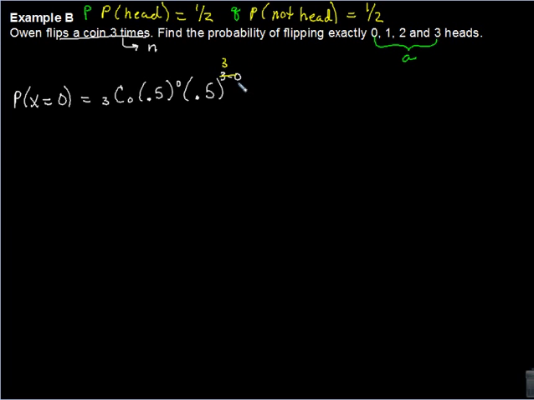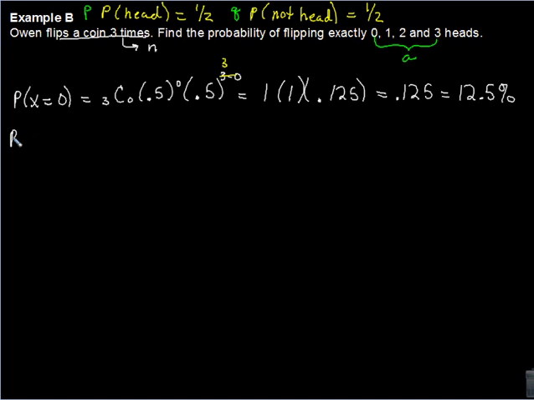The combination 3C0, or even a permutation 3P0, is understood to be 1. Anything to the exponent of 0 is 1. And then 0.5 to the 3 is 0.125. So when I multiply those together, I get 12.5%.